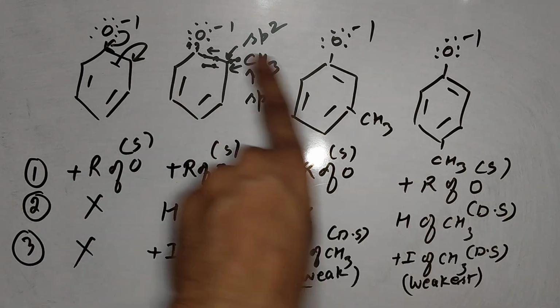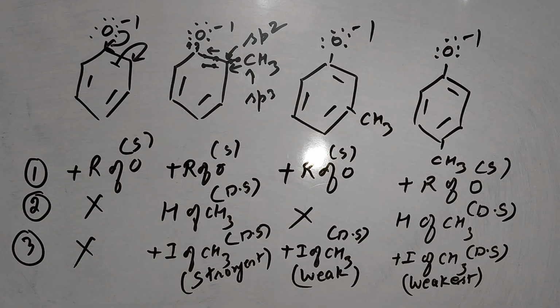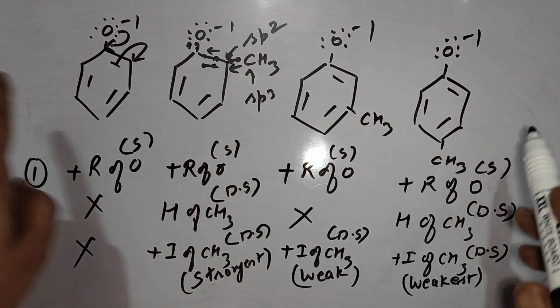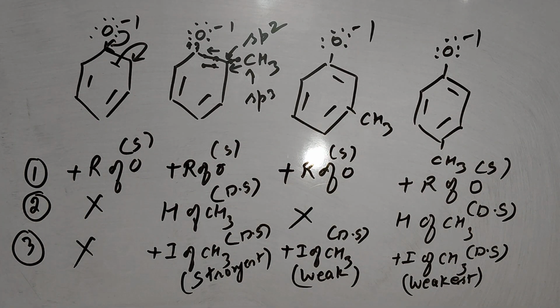So obviously these three are less stable as compared to this one. Now out of these three, which is least stable? Please check my words, I am saying least stable, or I can say most destabilized.